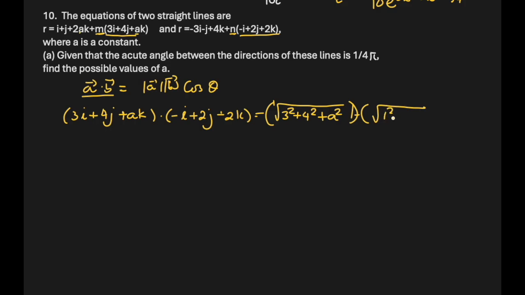Let's write 1 square only because minus and positive squared doesn't make any difference. 2 square plus 2 square, cos, and the angle is 1 over 4 pi.